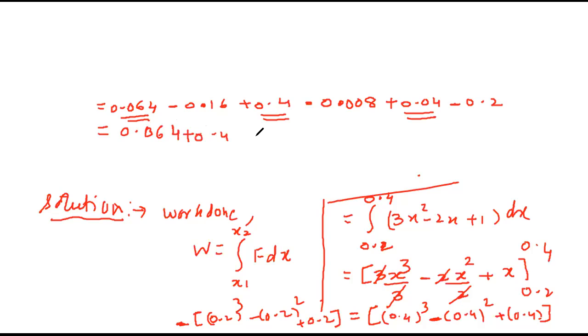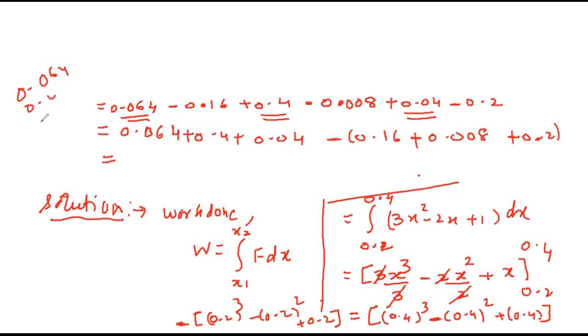0.4 plus 0.04, then minus of 0.16, 0.2, 0.008. Can you tell me the addition of this? 0.064, 0.4, 0.004, 0.04.